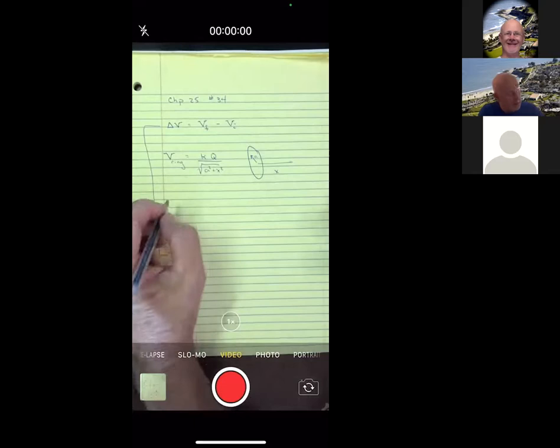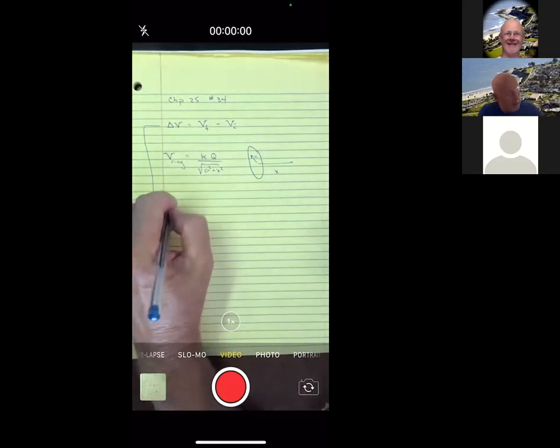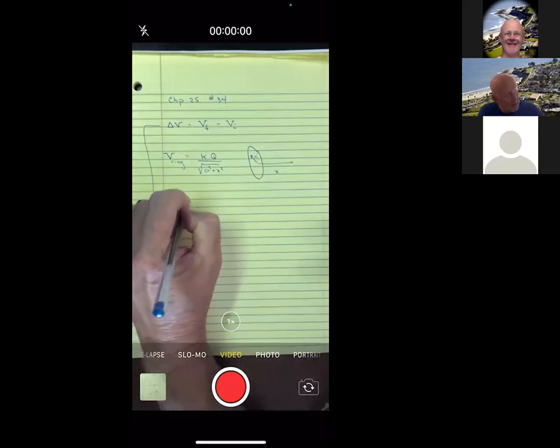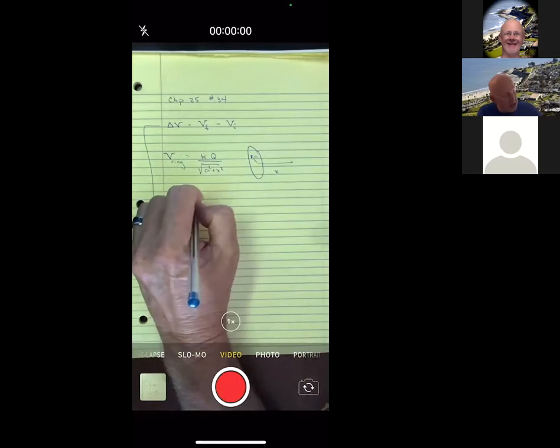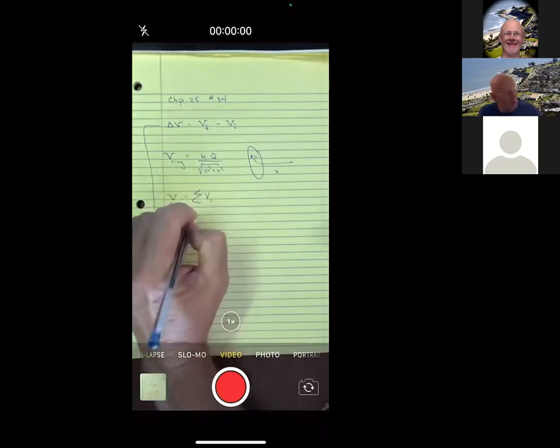But here's the important part of this chapter, that in order to figure out the potential of some shaped object, a ring, a rod, a sphere, a shell, a cylinder, you want to just add up the potential from a bunch of points.